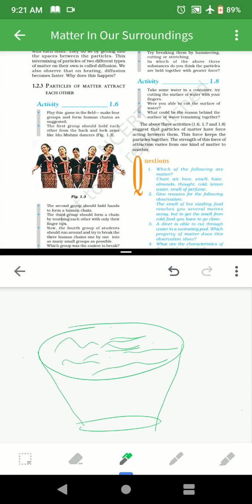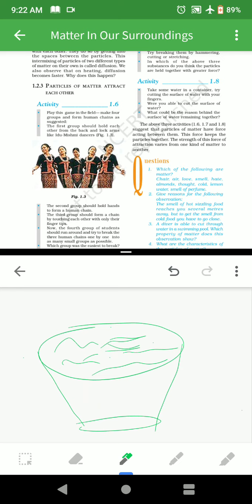No. If you put your fingers in, then the water will cover your fingers again. What does it mean? It means that all the particles of matter are attracting each other. That's why all the particles of the liquid cover your finger again.